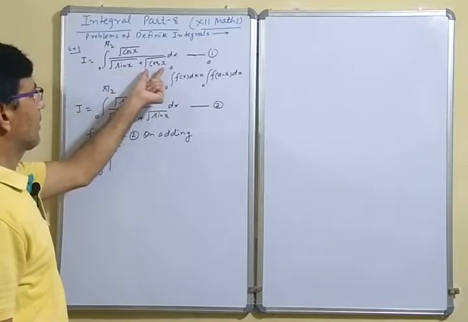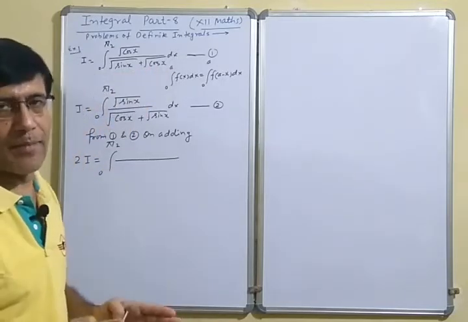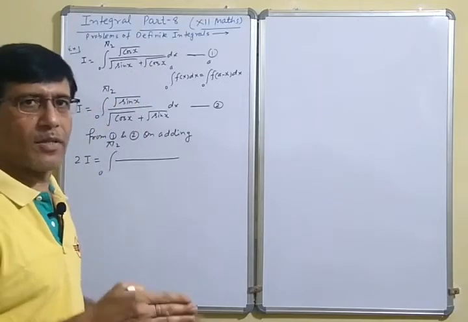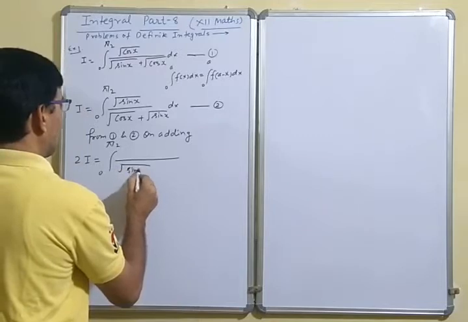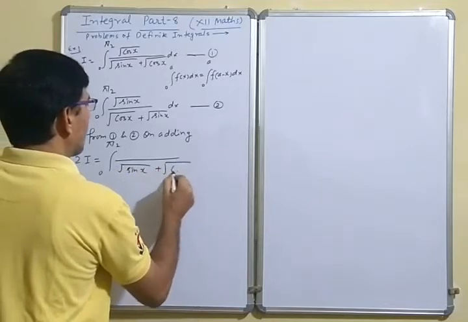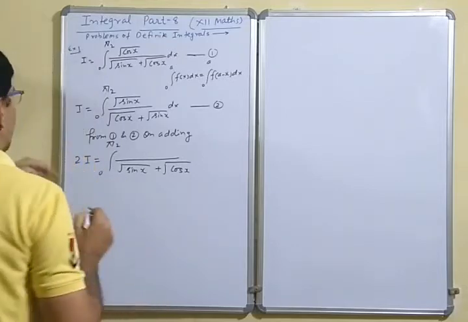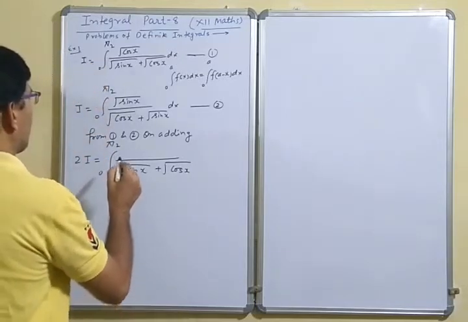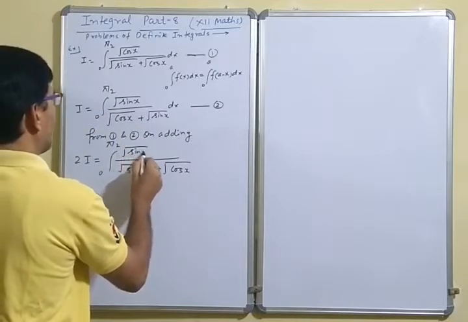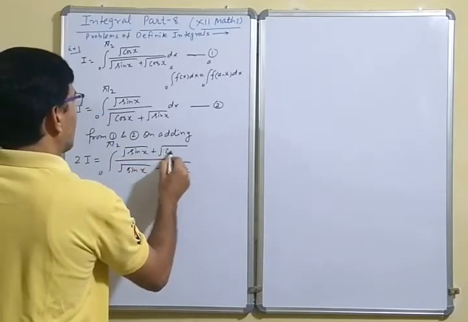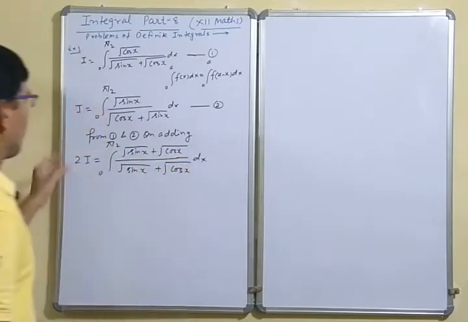Root sin x plus root cos x, dx. So on adding you will get this much.